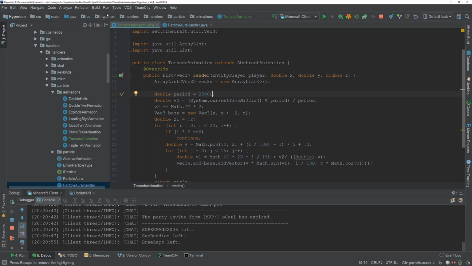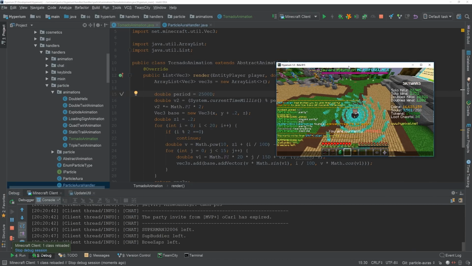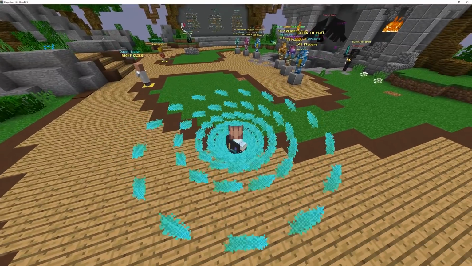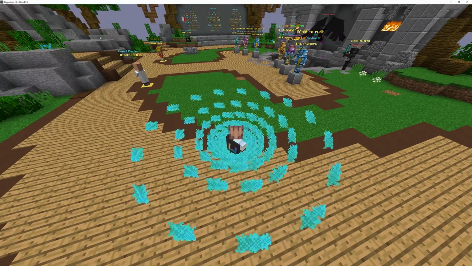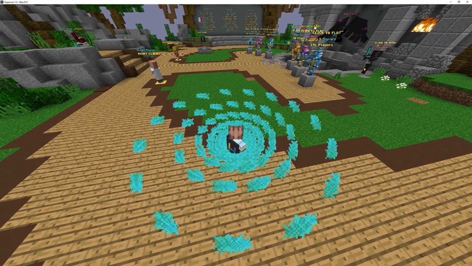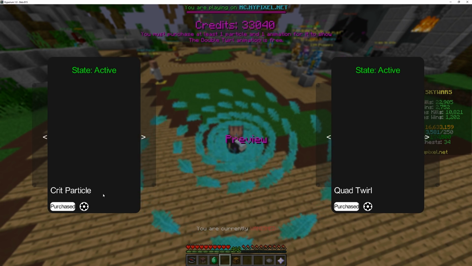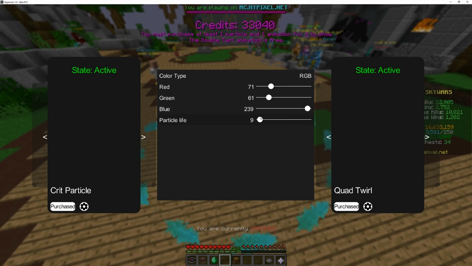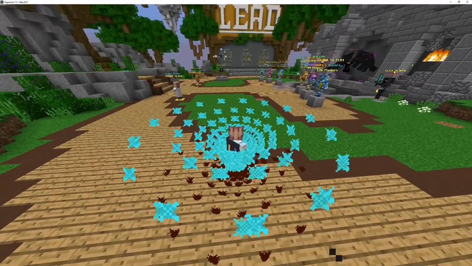I don't even need the D, because you're defining it as a primitive. Oops. The reason there's a streak behind it is the particle life. If we set the particle life to like 0, there's not going to be as much of a streak.